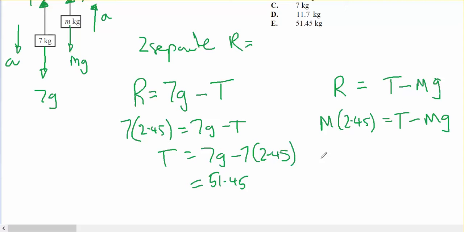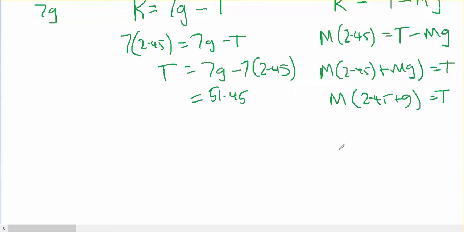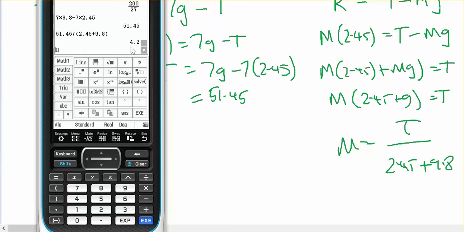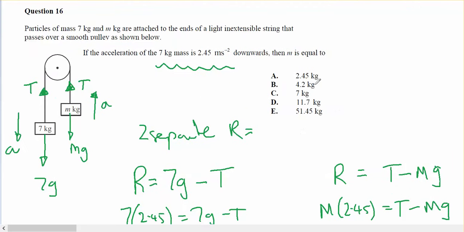Therefore, m times 2.45 plus mg equals T. Therefore, m times (2.45 plus g) equals T. And m is going to be T divided by (2.45 plus 9.8). And on my calculator, 4.2. So the mass is 4.2, which will give you an answer of B.